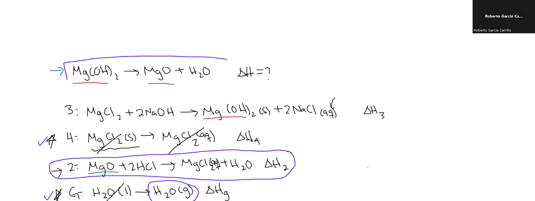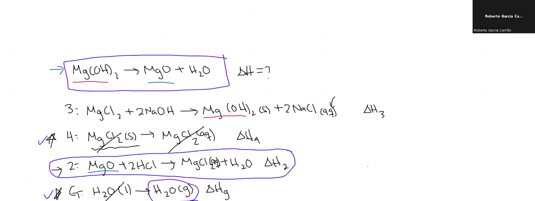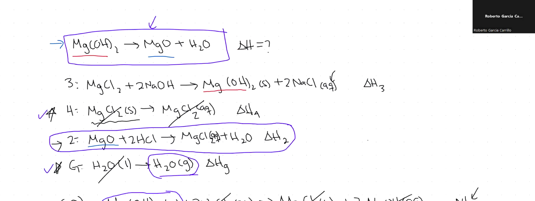So it's just a matter of adding up all the enthalpies of the reactions that correspond to the equivalent reaction that we are interested in. So we can go from top to bottom.